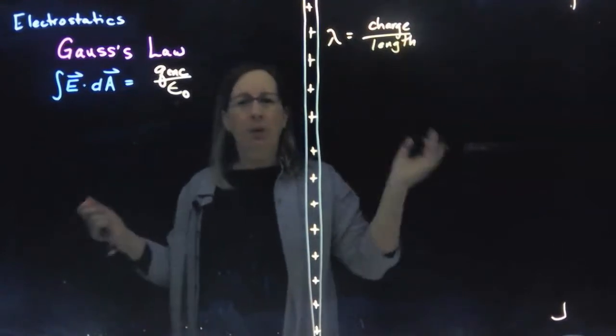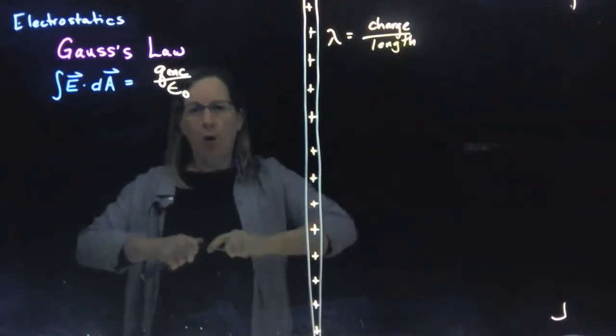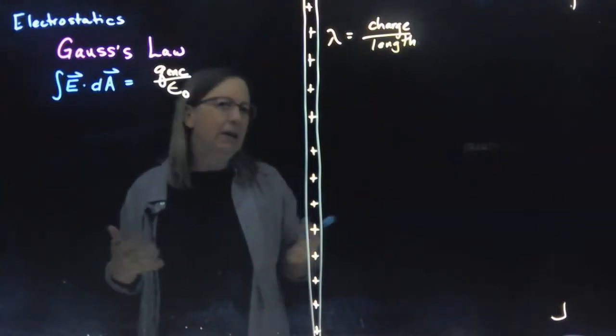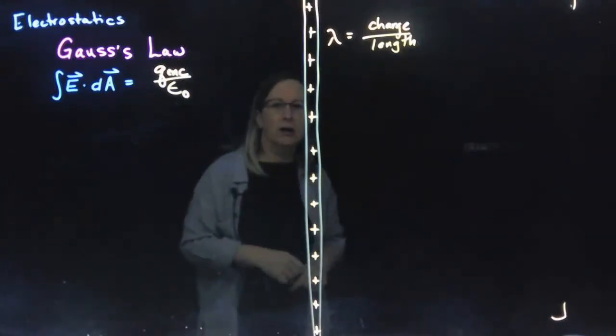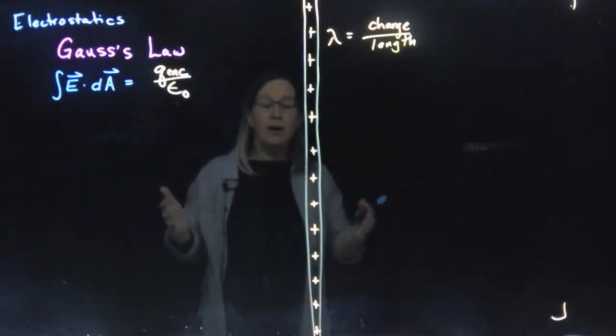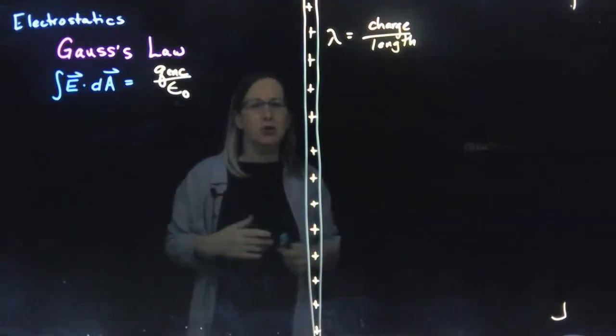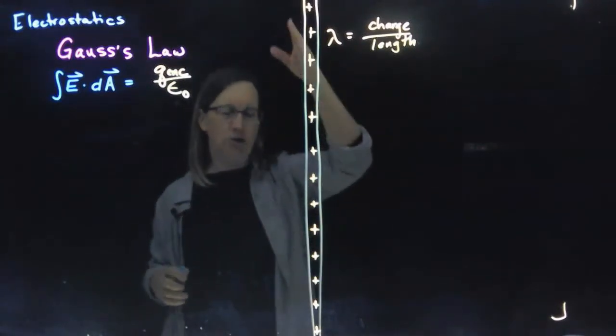Maybe this is some number, 15 microcoulombs per meter, whatever it is. And the question we're going to ask is, what is the electric field outside of this line of charge?